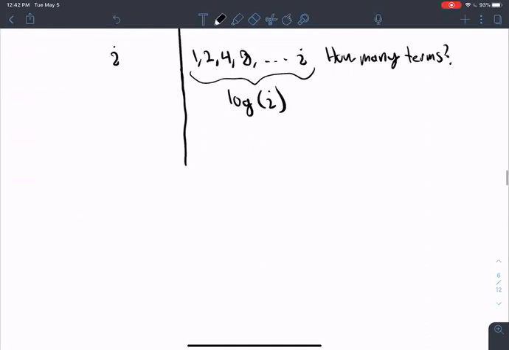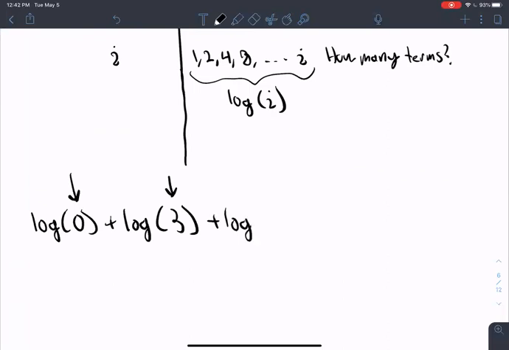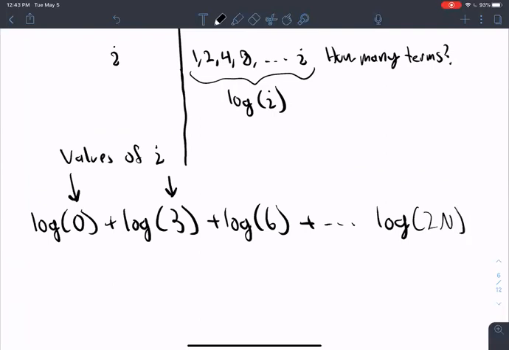So take log of 0 plus log of 3, and the parameter, the thing in parentheses here, those are values of i. So 0, 3, 6, and so on, all the way to log of 2n.